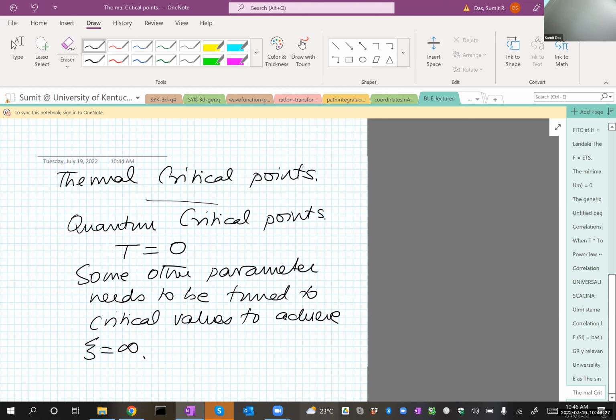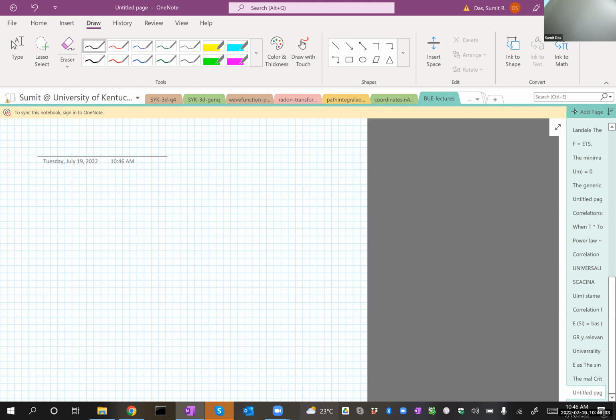The fact that the correlation length diverges has a consequence for quantum critical points. And a simple example of a quantum critical point is a, oh, I'm taking too long. I think I'll just finish.